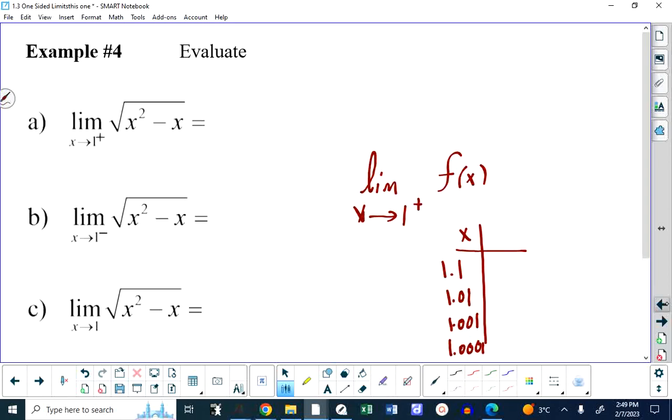And the best way I think right now for you to think of it is ask yourself what that thing approaches when you put in a number like 1.000001. When you take 1.000001 and square it, it becomes slightly bigger than 1.0001.